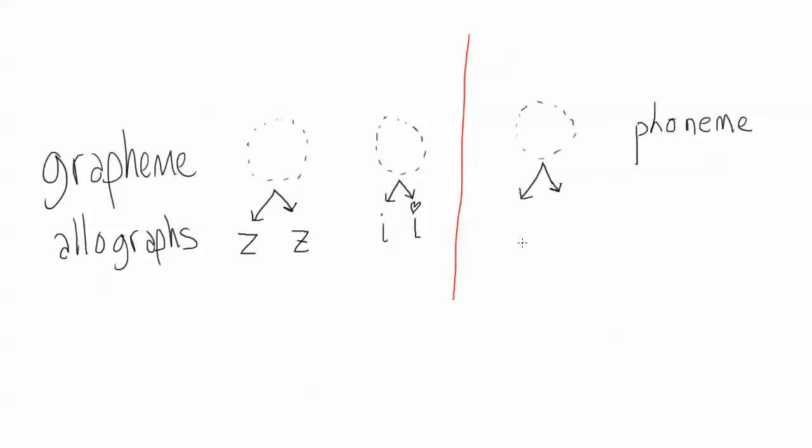So in English, a fun example people like to give, because it's sort of easy to hear or feel, is the difference between aspiration in the P consonant.